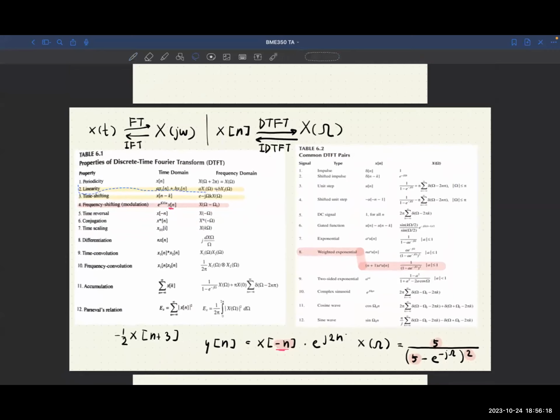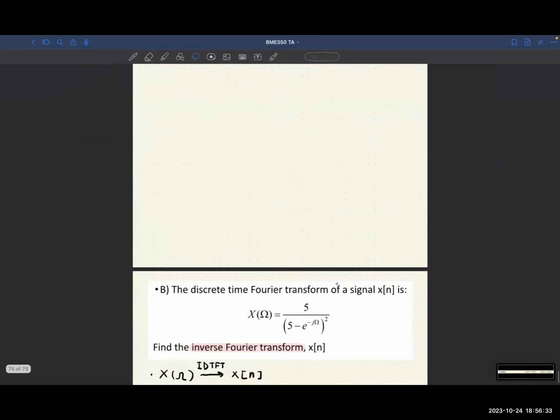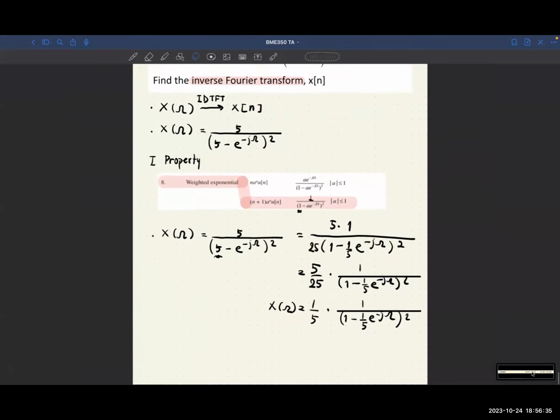Now we have to use what? We'll have to use the linearity property as well. Let me make this smaller so we have space.